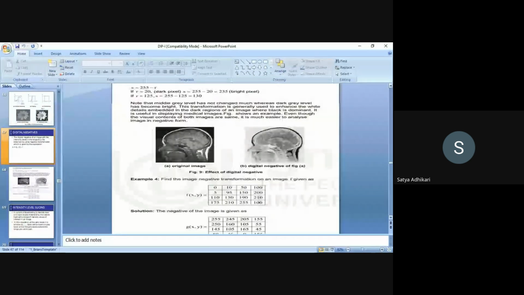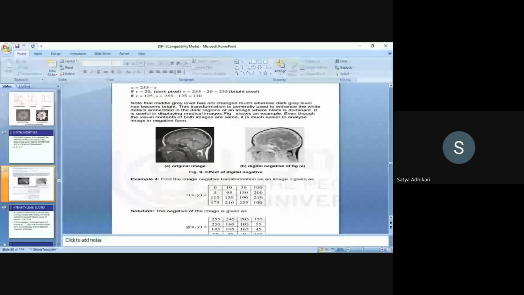Let us see. So here s is 255 minus r. If r is 20, 20 is a dark pixel, because 20 is nearer to 0.